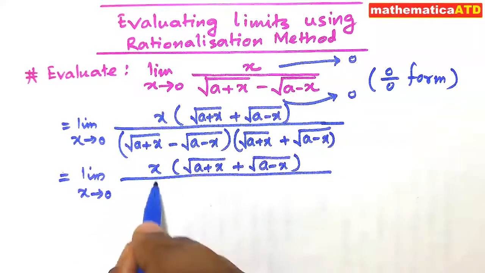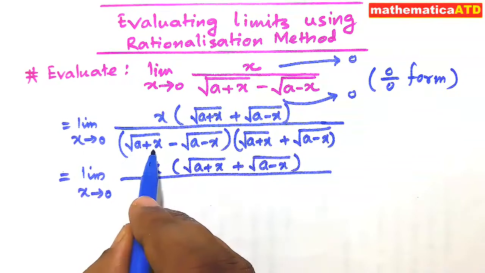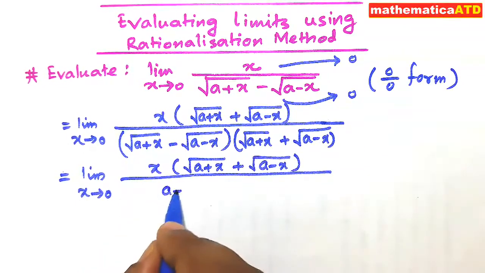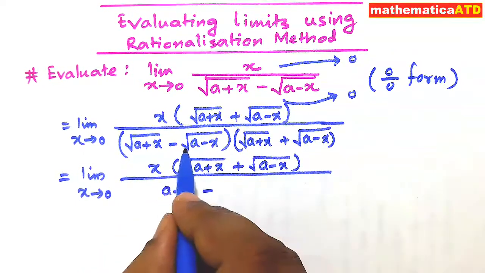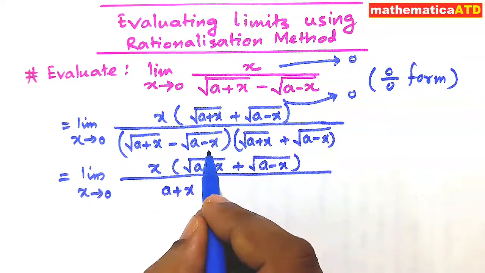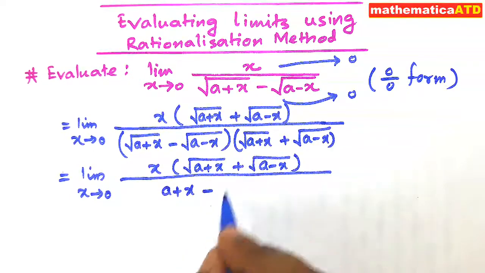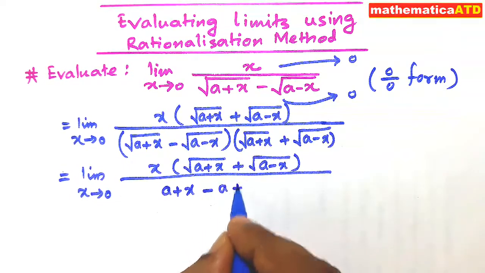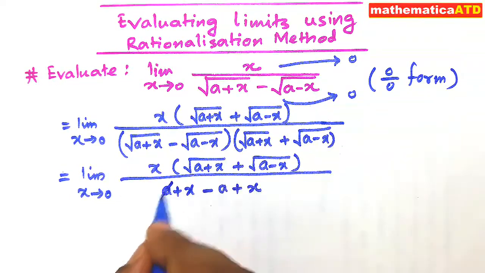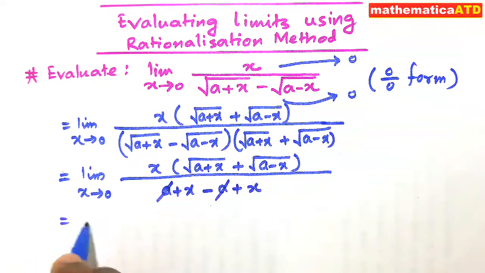That means you may write root over a plus x whole square means a plus x only, minus root over a minus x whole square, that means a minus x, and since there is a minus sign before it, we have to write a plus x. Okay, so you can cancel these two a's.